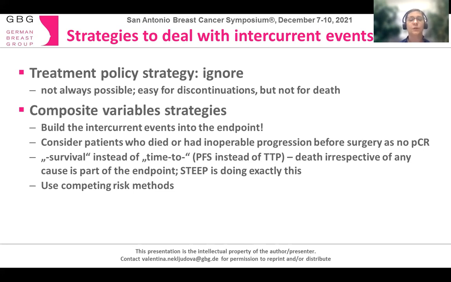For example, you can consider patients with no response measurement due to an intercurrent event as no response, or you define survival instead of time to event endpoint, where you count death irrespective of any cause as an event for the endpoint. This is what STEEP is doing. Statisticians have competing risk methods in their toolbox, which can deal with intercurrent events. As a clinician, you must be very clear on the interpretation of this kind of analysis.